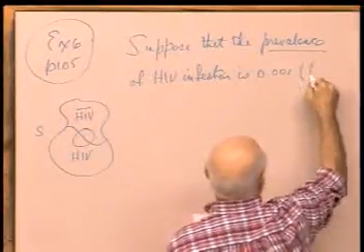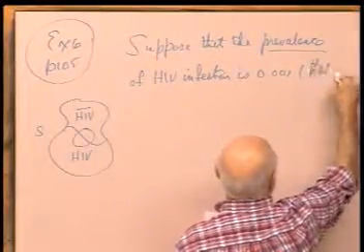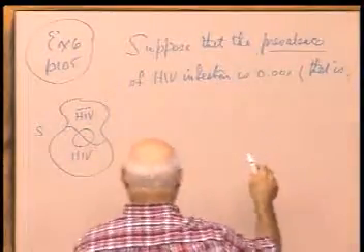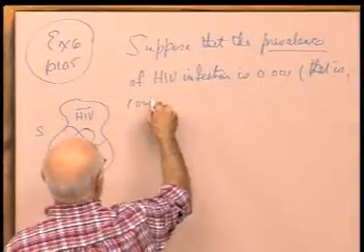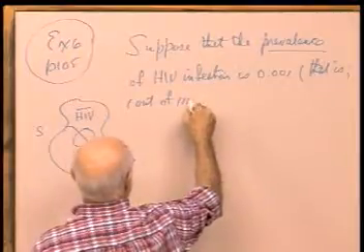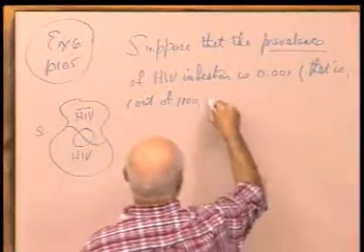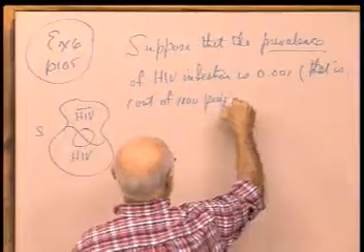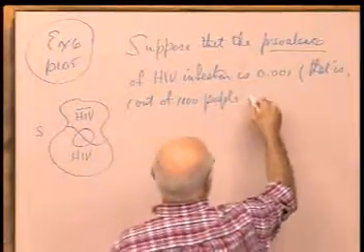That is, this is what prevalence means. That is 1 out of 1,000 people on average in the long run. 1 out of 1,000 people is infected with HIV.